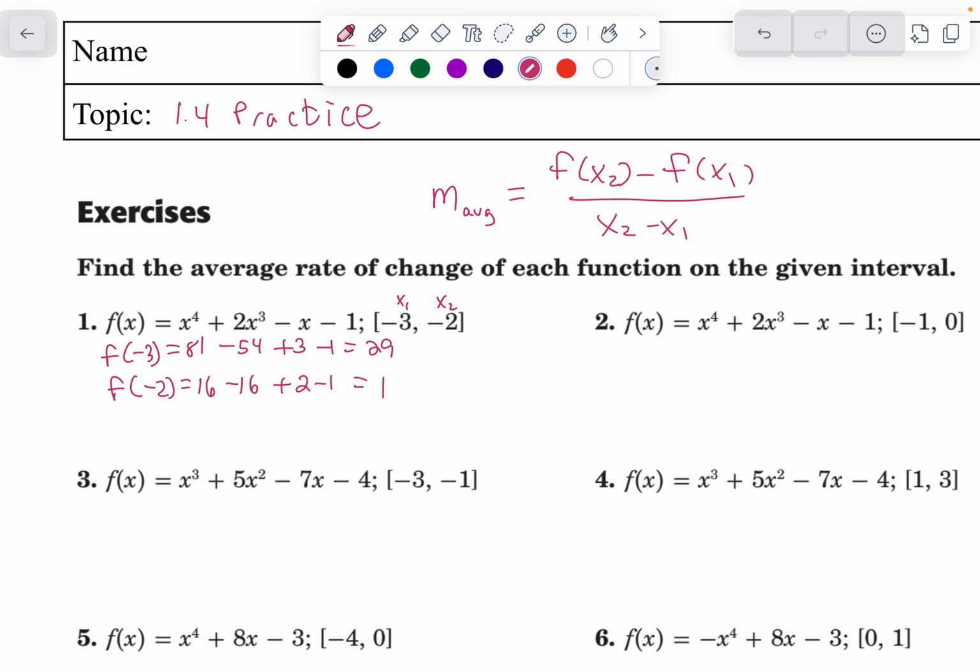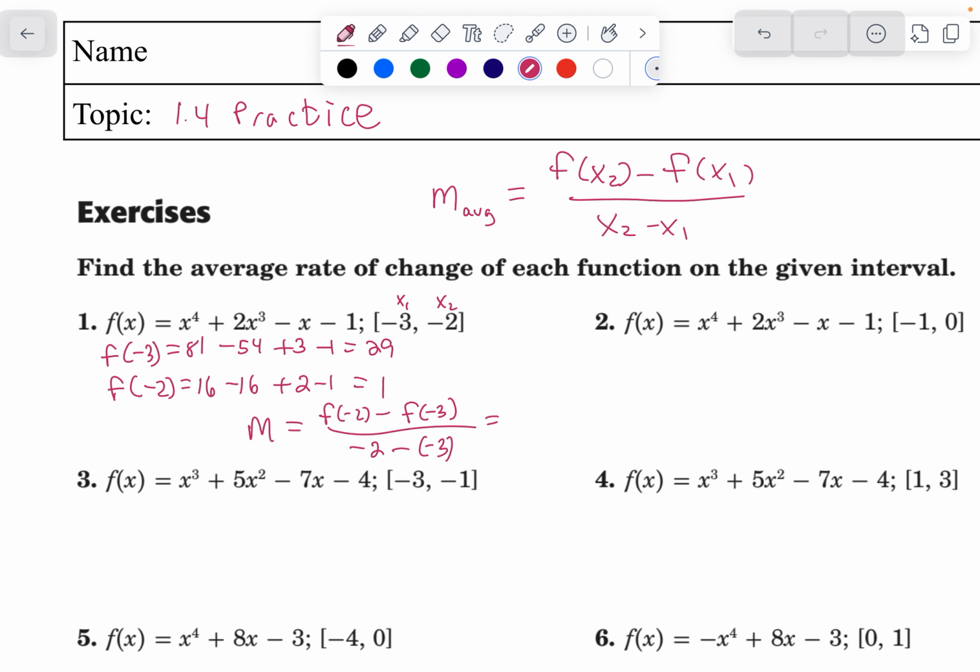Okay, so now we are ready to do the average rate of change formula. So it is f of -3 minus f of... can I put them in the correct order? How about f of x sub 2, which is f of -2, minus f of -3 over -2 minus -3. Now by putting them in that order, you are going to guarantee that your bottom number will be positive, which is always helpful, okay?